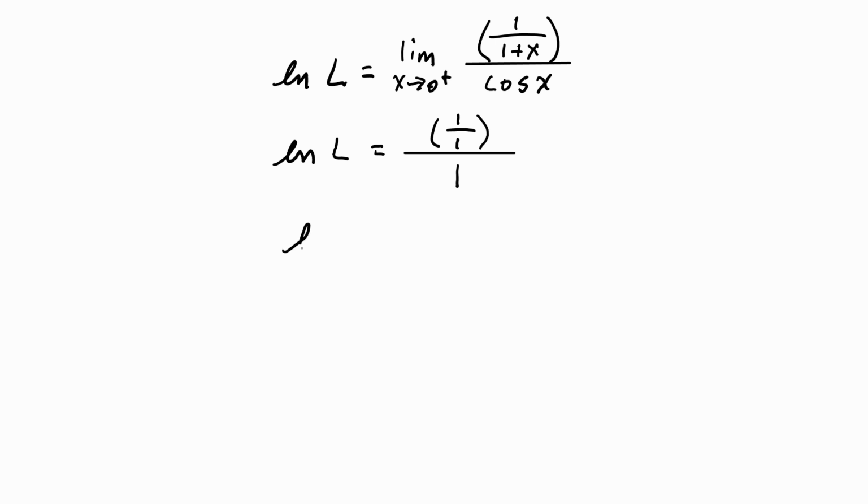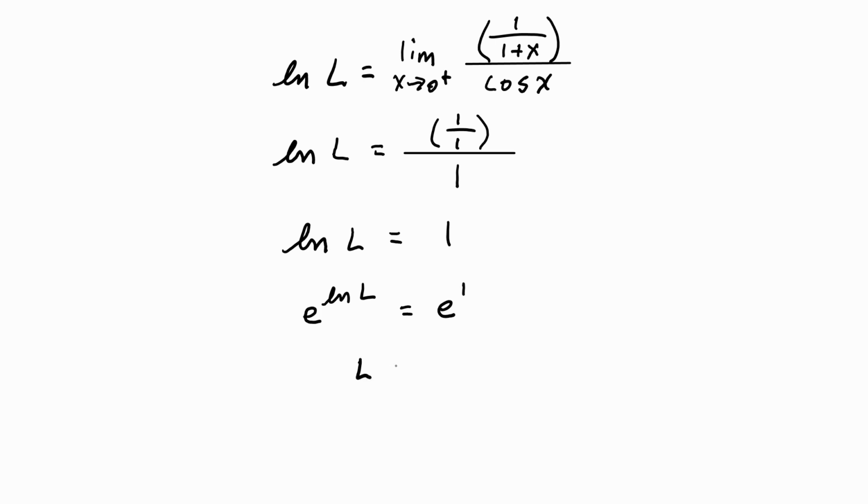So now we know that the natural log of L is equal to 1. To get at the L, we need to take an exponential whose base is e to both sides. So e to the natural log of L is equal to e to the 1.